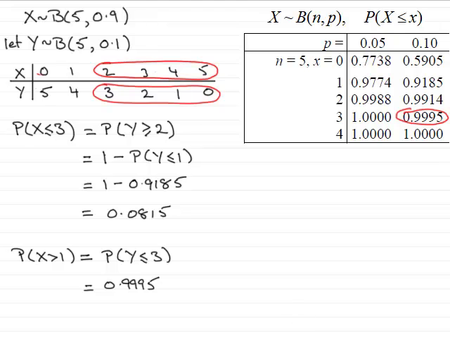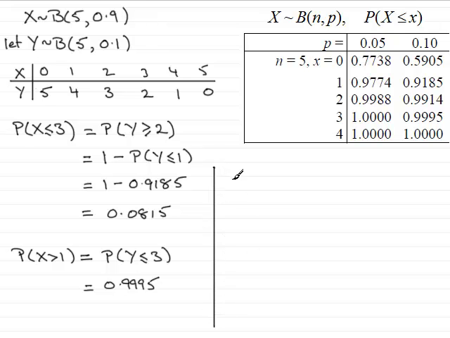Okay, we'll look at another one. This time we'll look at working out the probability of x equaling a particular value. Let's say x equals 3. So if we're looking for x equaling 3, that corresponds to y equaling 2. 3 successes, same as 2 failures. So we can put that in as the probability that y equals 2.